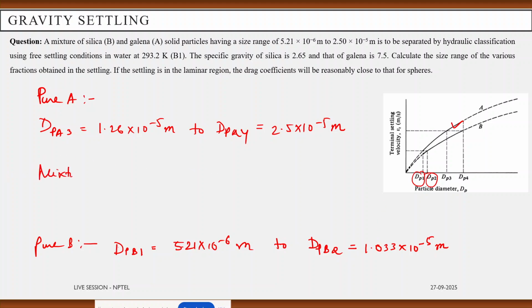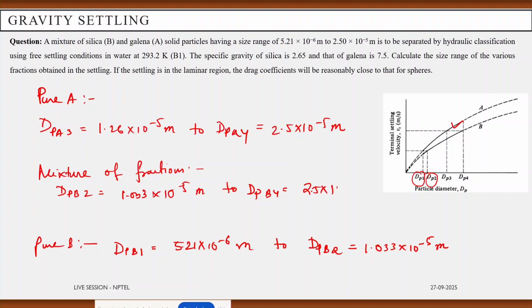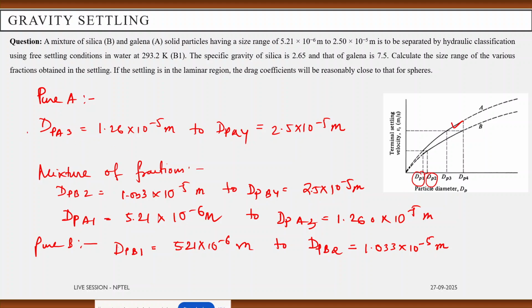And the mixture of particles will be dpb2.